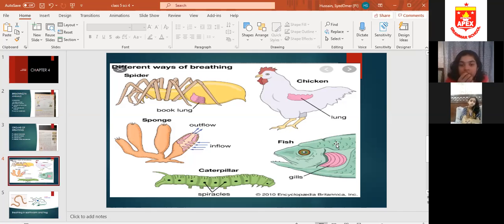I am asking what are blood vessels for? क्या करती है वो? ये blood vessels carry blood. Okay, so now what do the blood vessels do in fishes? So fishes में क्या काम करती हैं?